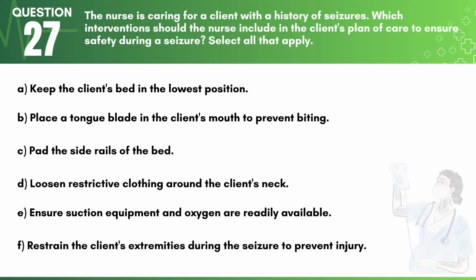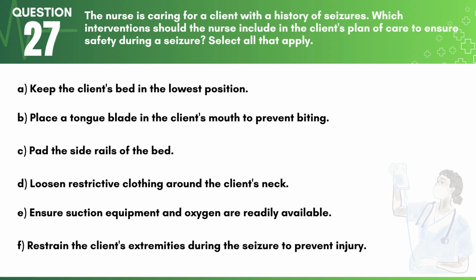Question 27. The nurse is caring for a client with a history of seizures. Which interventions should the nurse include in the client's plan of care to ensure safety during a seizure? Select all that apply. A. Keep the client's bed in the lowest position. B. Place a tongue blade in the client's mouth to prevent biting.